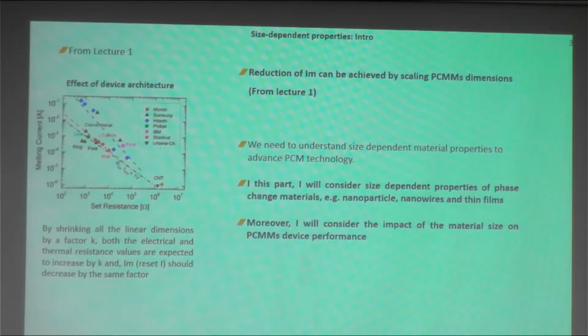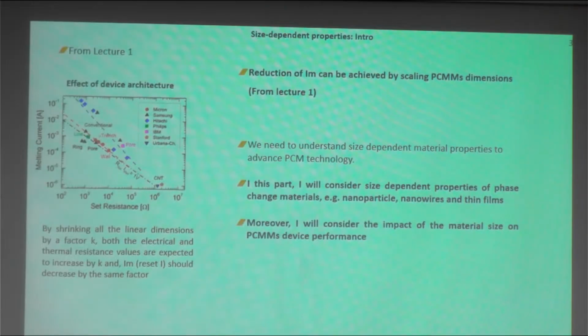If you reduce the heater size, we can also reduce the melting current, but this is mainly on the device side. But anyway, if you shrink the size of our material and device, we can reduce the melting current.